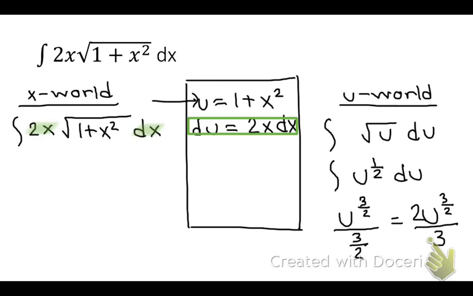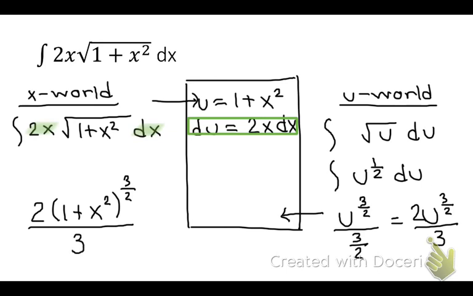Now, I need to take that 2u to the 3/2 over 3 back through this box to get my final answer back in terms of x's. So 2 comes over for free because it's a constant. My u now gets replaced with that 1 plus x squared to the 3/2, and my 3 in the denominator comes over as well.